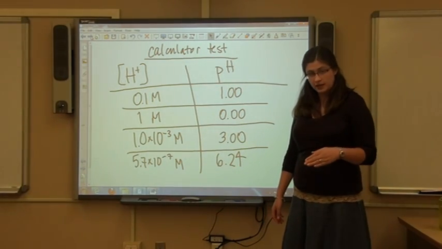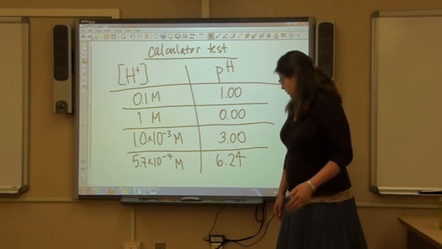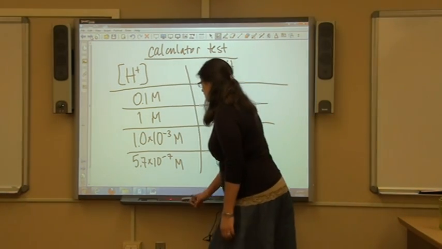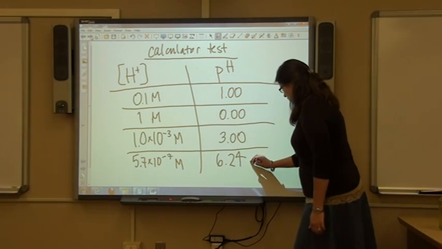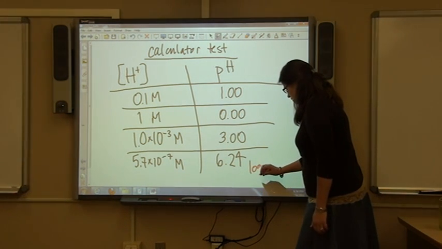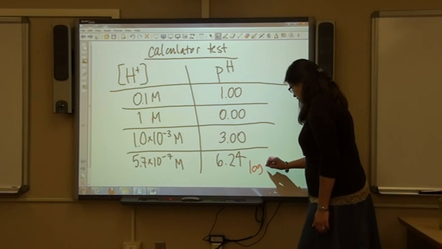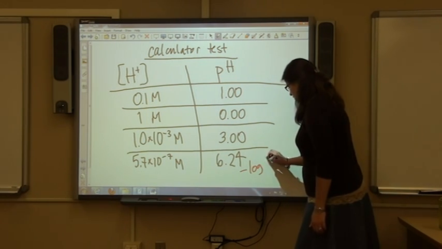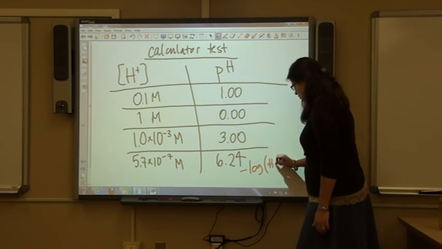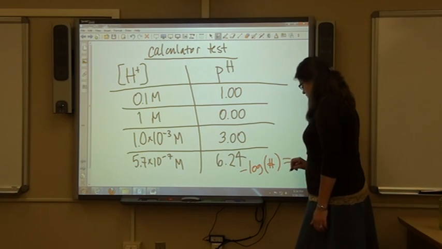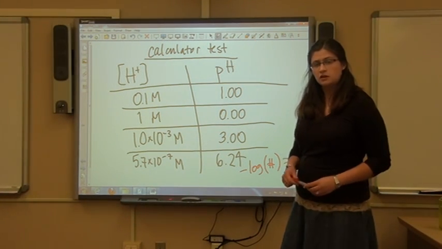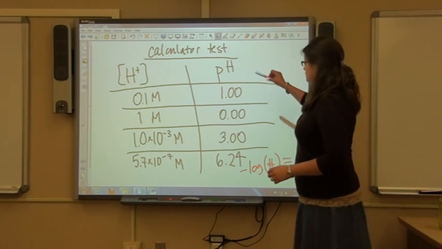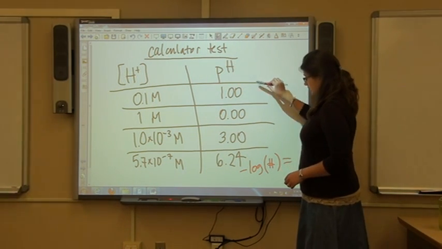So pause the tape, try to get your calculator out, and now I think for most of you, what you're going to need to do is hit, I think this is your order, I think you'll hit negative, log, and then your number, and then equals. But I'm not sure what kind of calculator you might have. So try to see if you can get these exact answers.